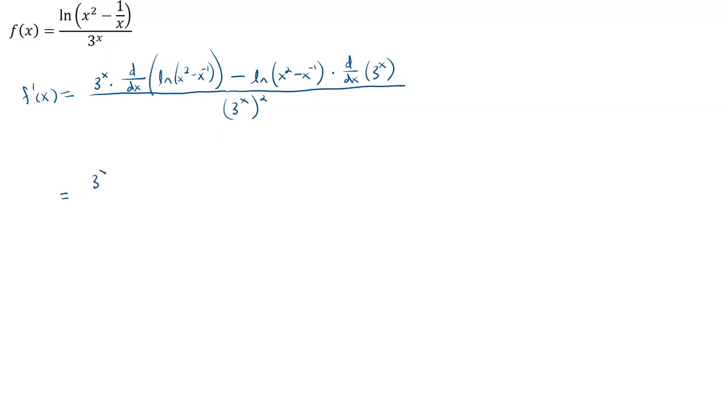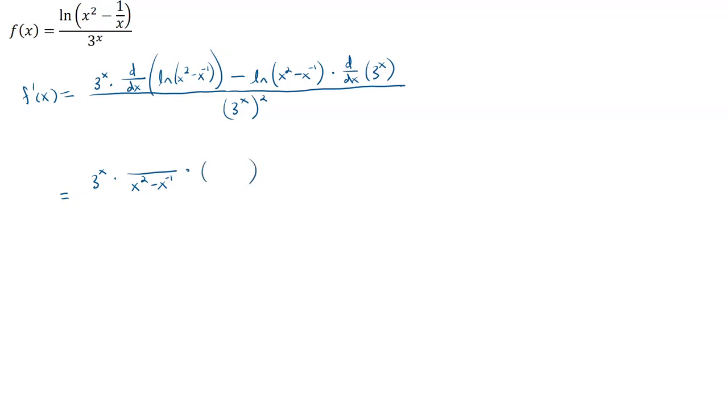So I'll copy my 3 to the x. And then the derivative of the natural log is 1 over the argument. But then I have to multiply that by the derivative of what's inside, which is just 2 applications of the power rule. So that'll be 2x. Since I'm multiplying, it's going to end up on the top of the fraction, or I could put it out here.